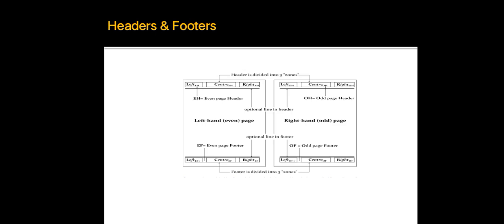In this block diagram, left EF means even page footer, center EF means center even page footer, right even page footer. Coming to the right side, left odd page footer, center odd page footer and right odd page footer are here like that in the diagram. So these are the header and footer of LaTeX.